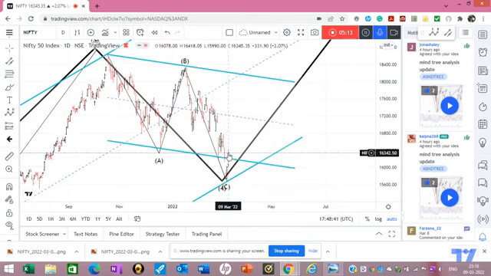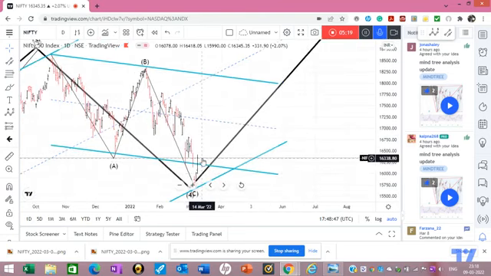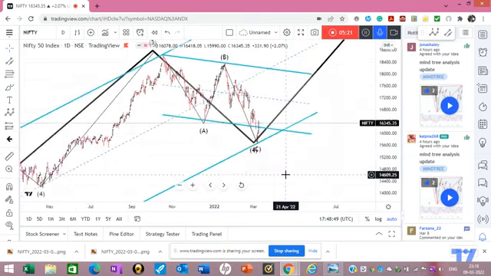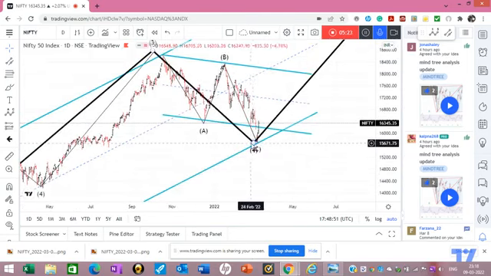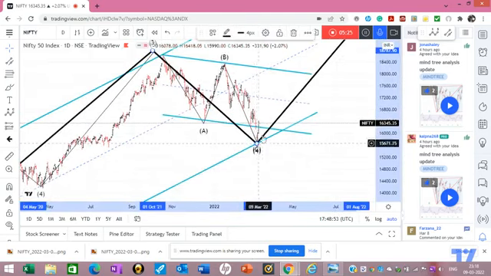Now this should go all the way and breach this line. But in case it goes back and breaches the main channel, then we are in for more decline.